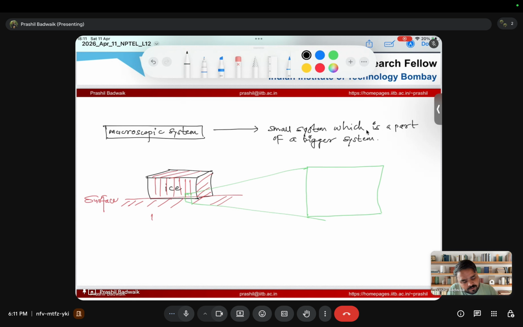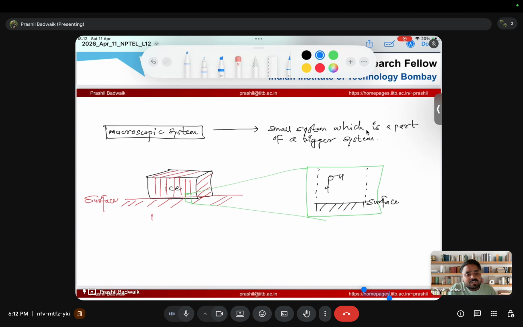You will find one surface, right? Some surface is there, and there is some ice molecule. That means there will be water, right?